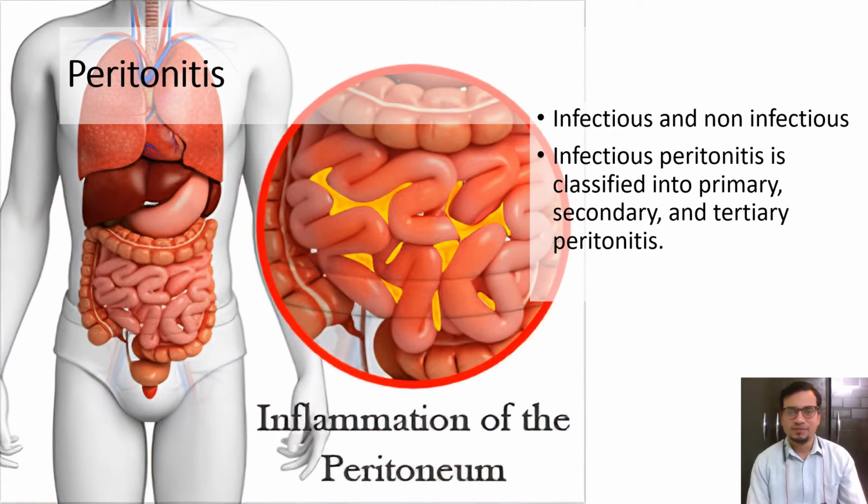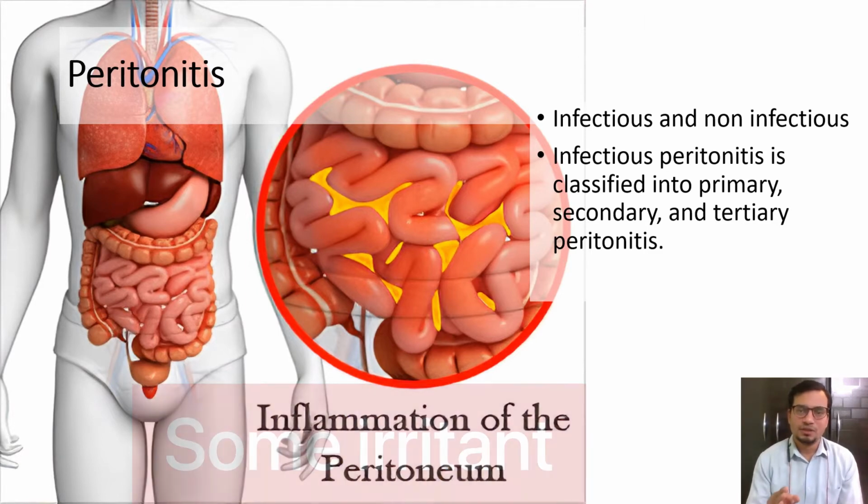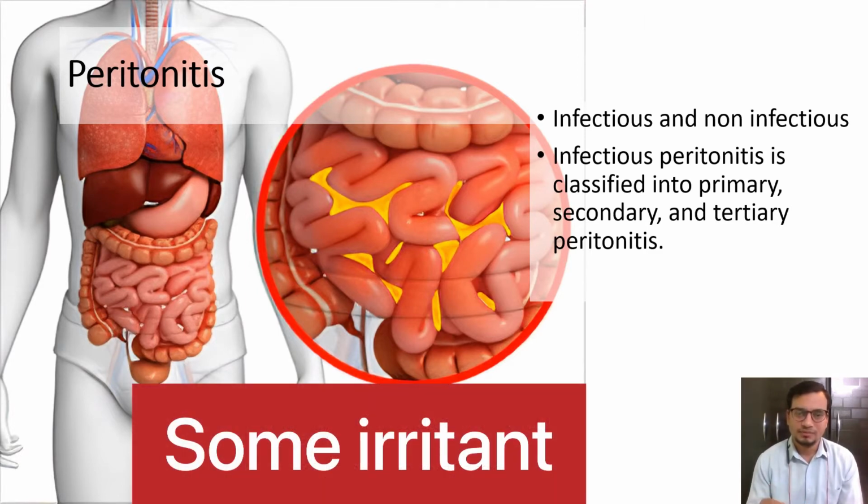It is a very characteristic feature of complicated intra-abdominal infection. Peritonitis is described as inflammation of the peritoneum caused by any irritant or agent such as bacteria, fungus, viruses, talc powder, drugs, and foreign bodies.